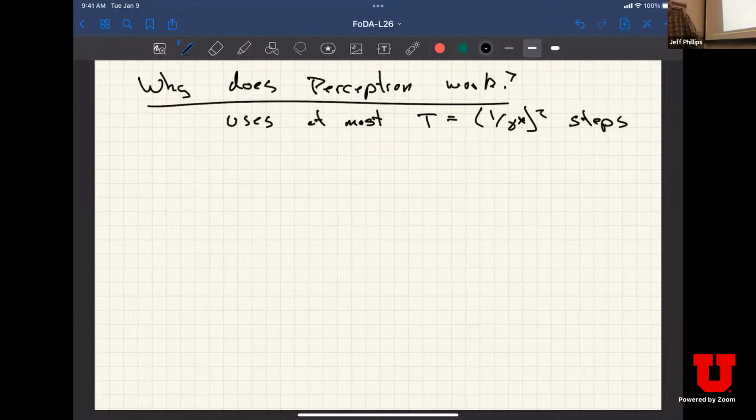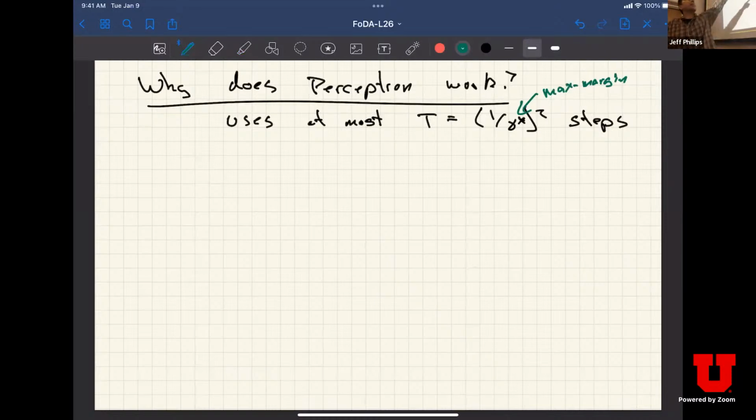Okay, so again, this is the max margin. So as the max margin gets smaller, 1 over that number is going to be larger, and that number squared. And the margin is always less than 1 because remember we normalized all the points, right?